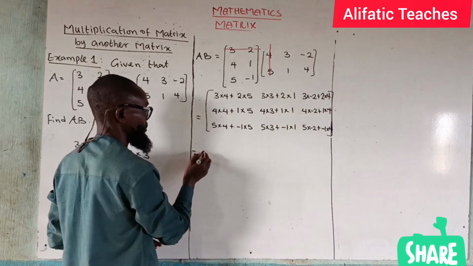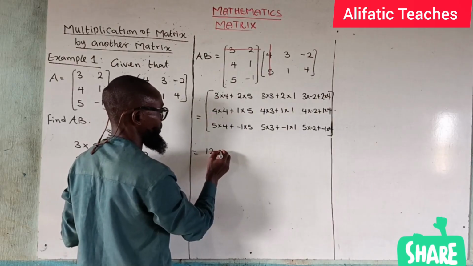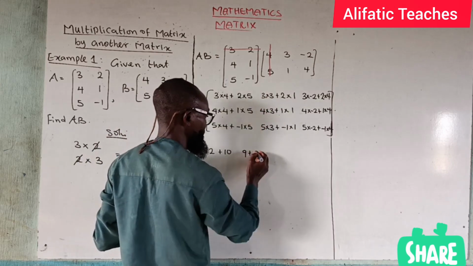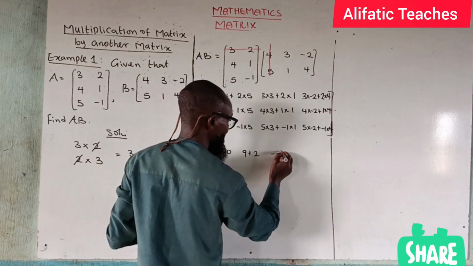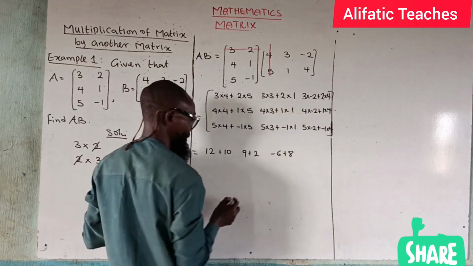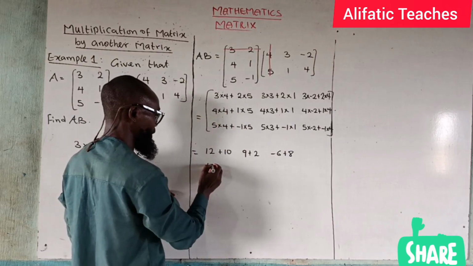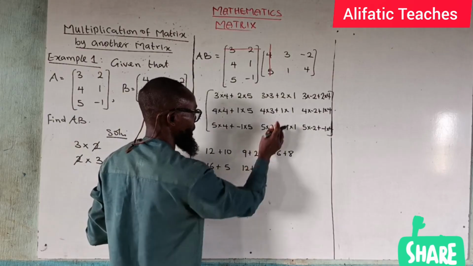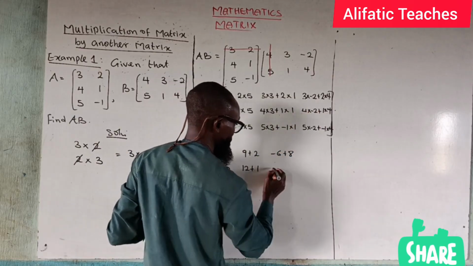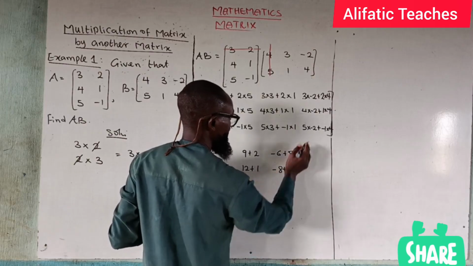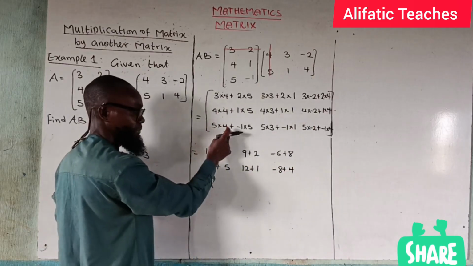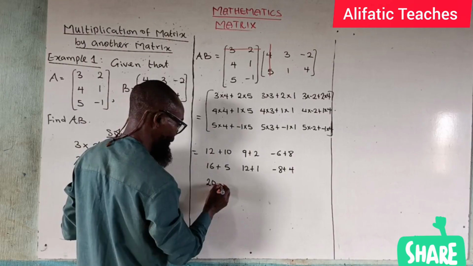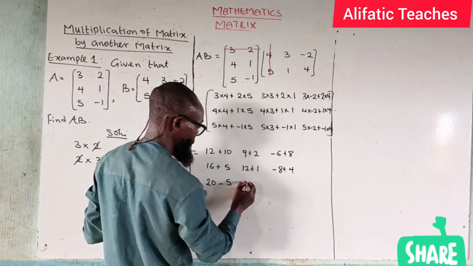Now we move on. 3 times 4, 12, plus 2 times 5, 10. 3 times 3, 9, plus 2 times 1, 2. 3 times minus 2, minus 6, plus 2 times 4, 8. 4 times 4, 16, plus 1 times 5, 5. 4 times 3, 12, plus 1 times 1, 1. 4 times minus 2, minus 8, plus 1 times 4, 4. 5 times 4, 20, minus 1 times 5, minus 5. 5 times 3, 15.